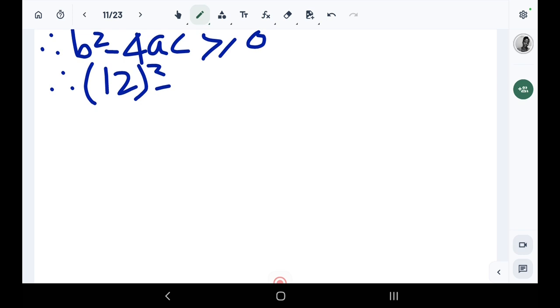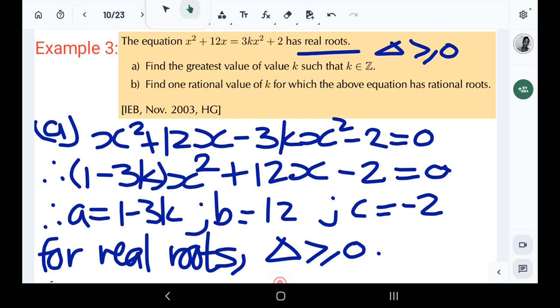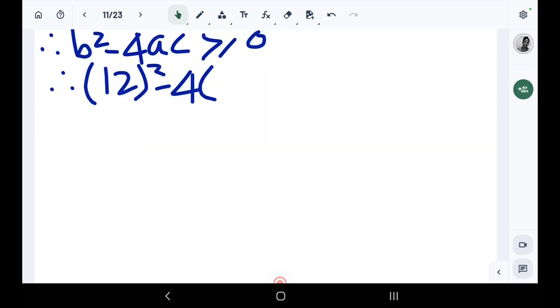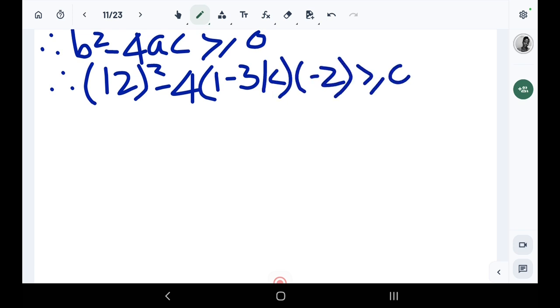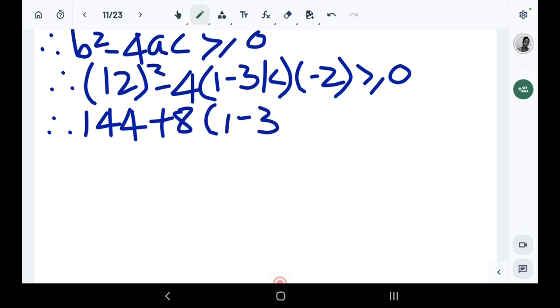So that is 12 squared minus 4, where a is 1 minus 3k, and c is negative 2. That must be greater than or equal to 0. Therefore, 12 squared is 144. And now let's multiply negative 4 by negative 2, which gives us 8, plus 8 in bracket, 1 minus 3k, which is greater than or equal to 0.